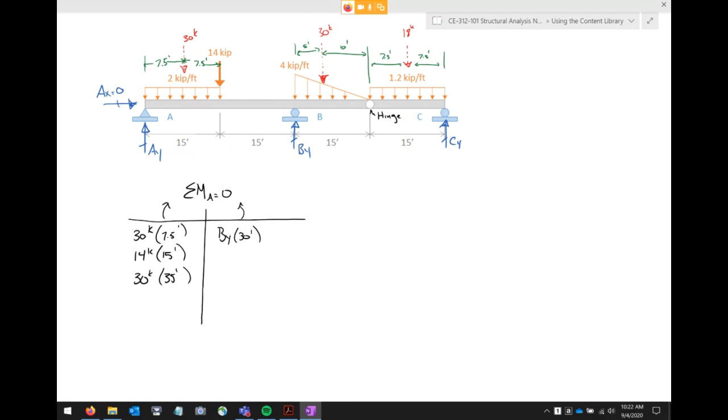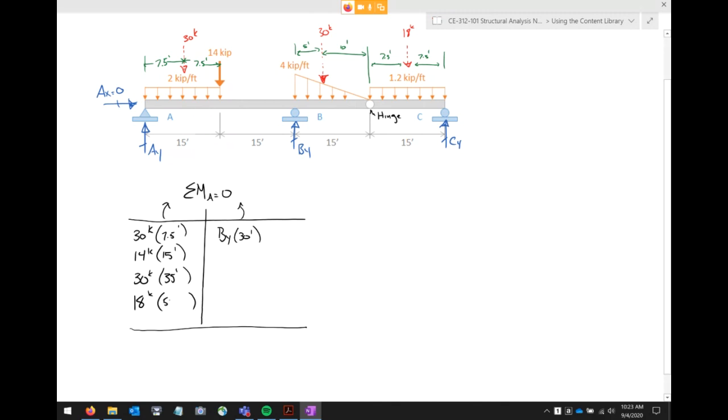Okay. Lastly, we got the 18 kips this way. And what's that arm? Somebody tell me in chat. 52.5.